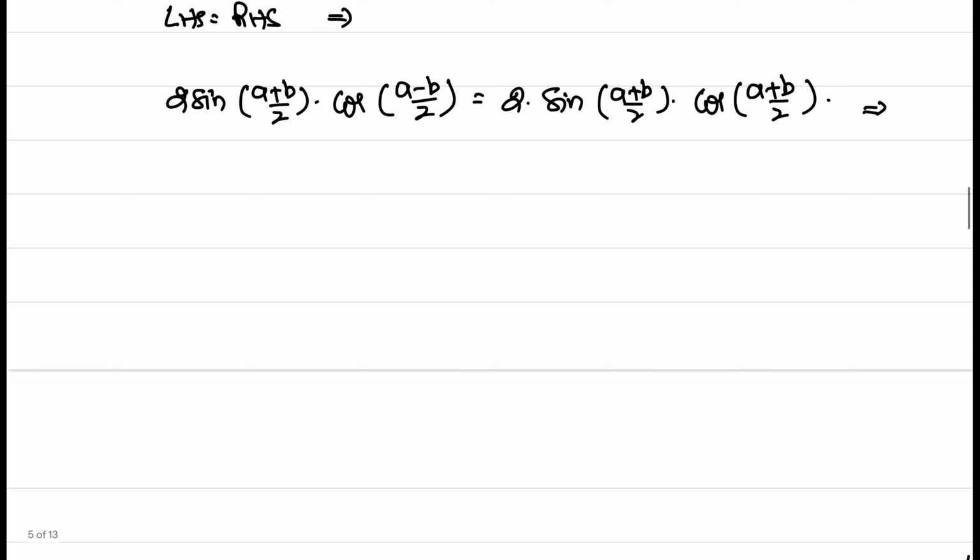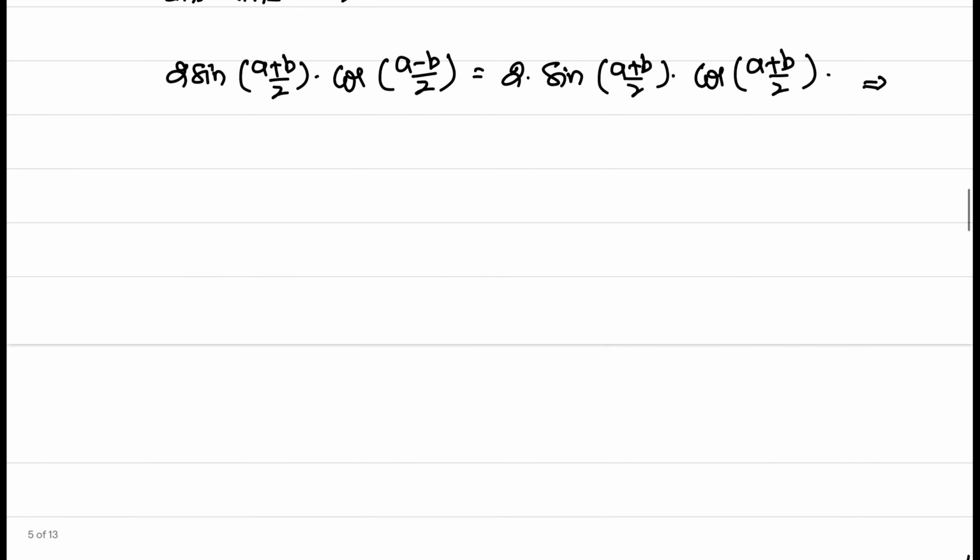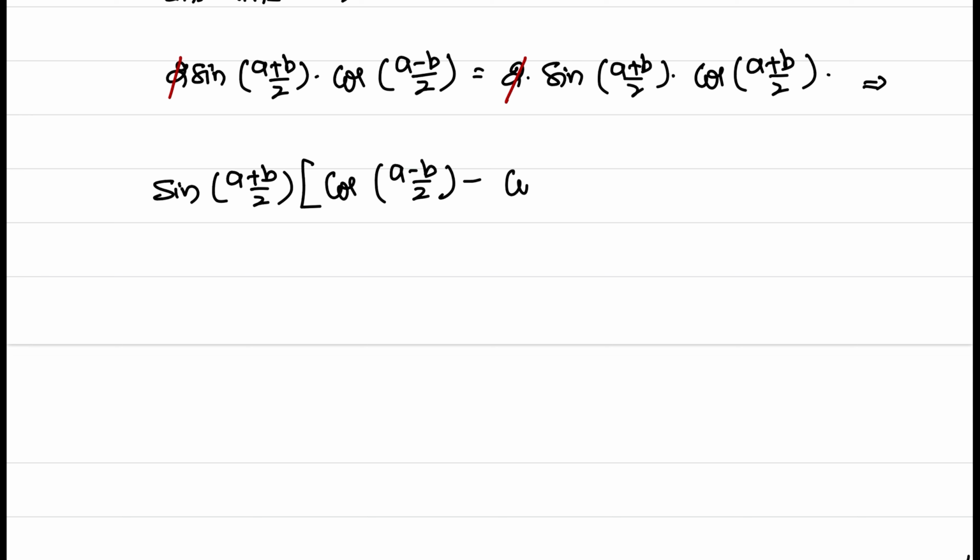Can we write this equation like this? Let us cancel 2, and don't cancel sin((A+B)/2) on both sides. Please don't cancel at this stage. We can write it this way: sin((A+B)/2) into [cos((A-B)/2) minus cos((A+B)/2)].